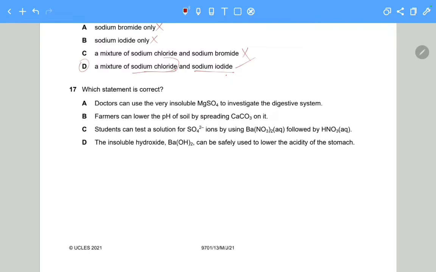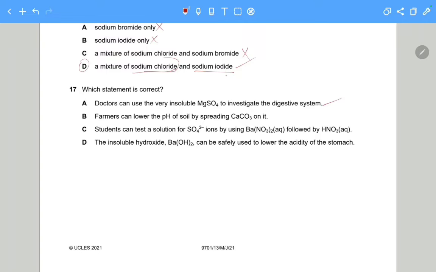Which statement is correct? Question 17. Doctors can use the very insoluble magnesium sulfate to investigate the digestive system. Magnesium sulfate is soluble because as you go down group 2, the solubility of the sulfates decreases, which means magnesium sulfate, which is still on top of group 2, will still dissolve.